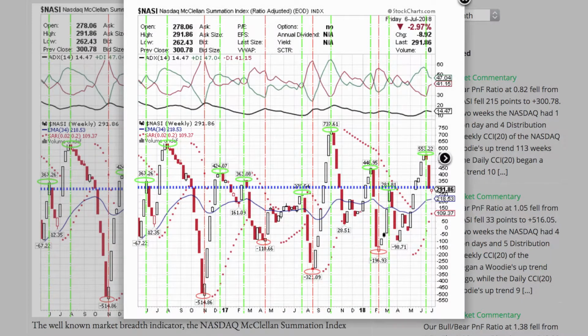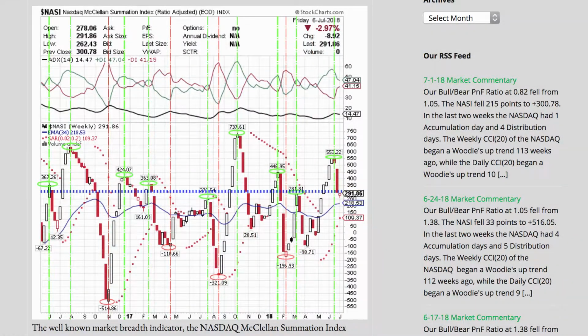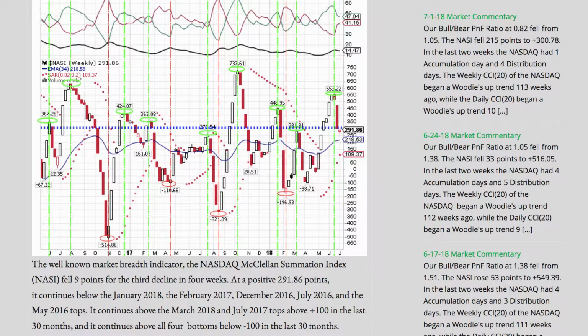The well-known market breadth indicator, the Nasdaq McClellan Summation Index, fell 9 points for the third decline in 4 weeks. At a positive 291.86 points, it continues below the January 2018, the February 2017, December 2016, July 2016, and the May 2016 tops.